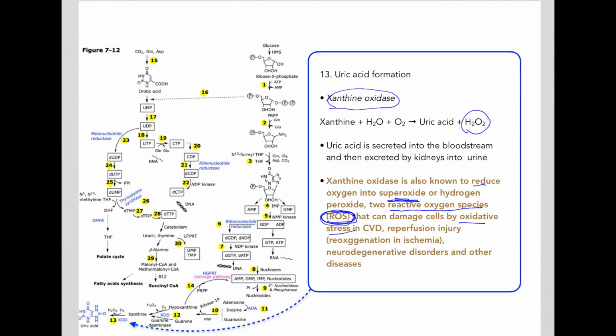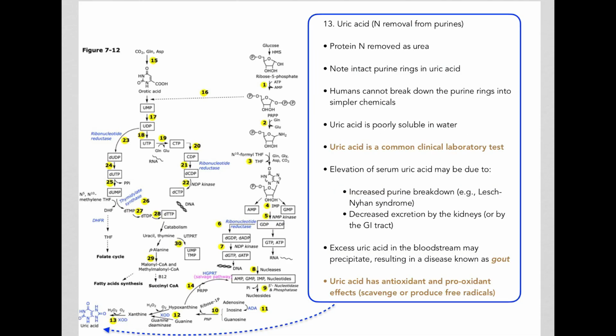We see this problem in cardiovascular disease, and in reperfusion injury, that means when there's reoxygenation after ischemia. We see ROS involved in several neurodegenerative disorders. So reactive oxygen species are involved in many diseases, and you can see that xanthine oxidase might be associated with ROS.